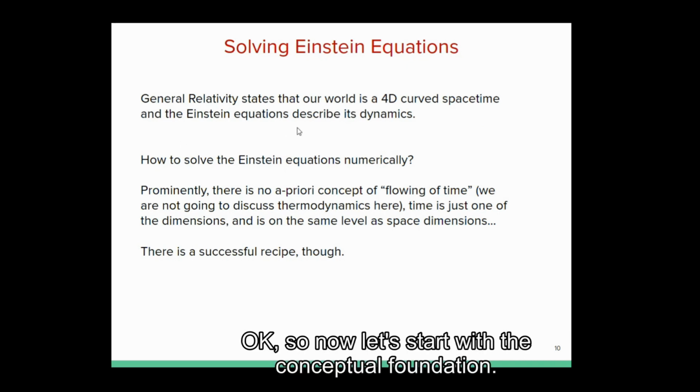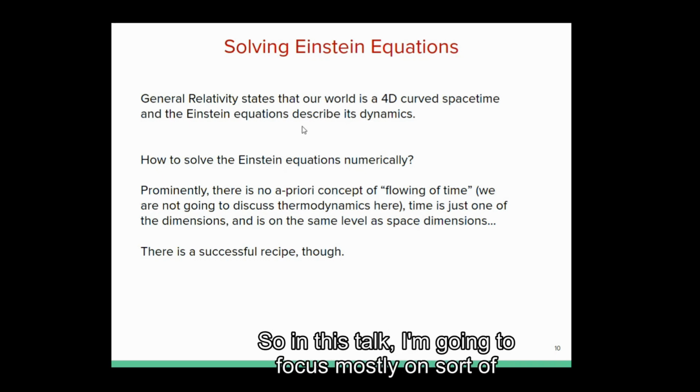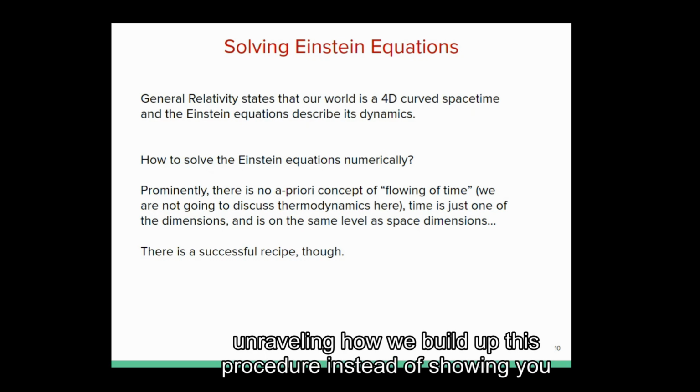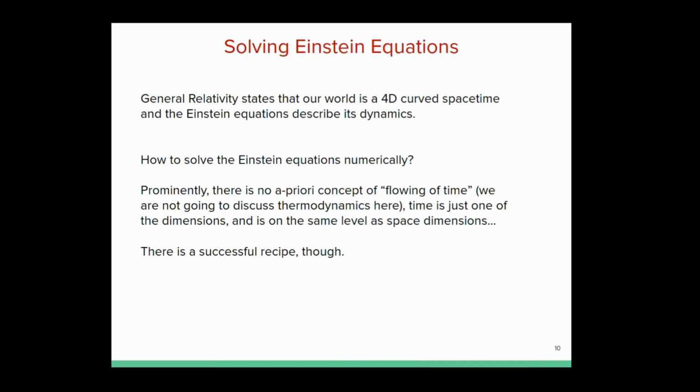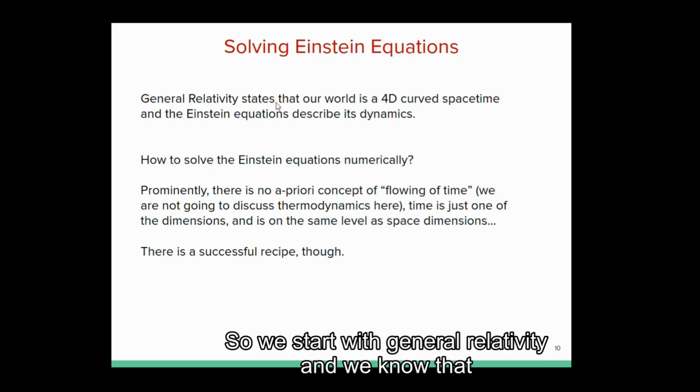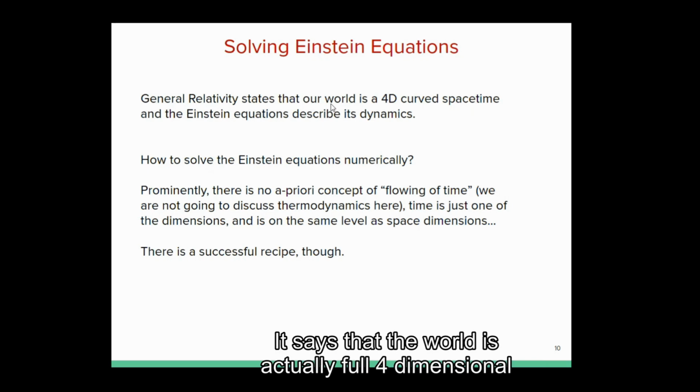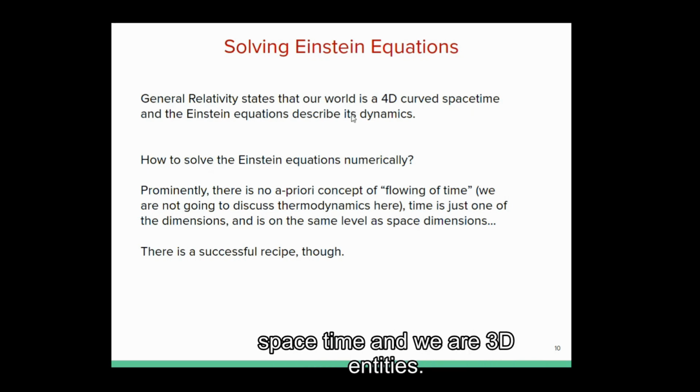Okay, so now let's start with the conceptual foundation. In this talk, I'm going to focus mostly on unraveling how we build up this procedure instead of showing the results. So we start with general relativity, and we know that it says that the world is actually a full 4-dimensional space-time, and we are 3D entities.